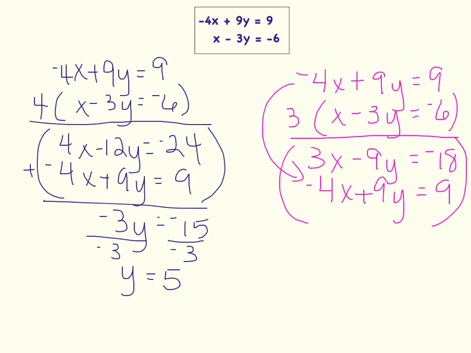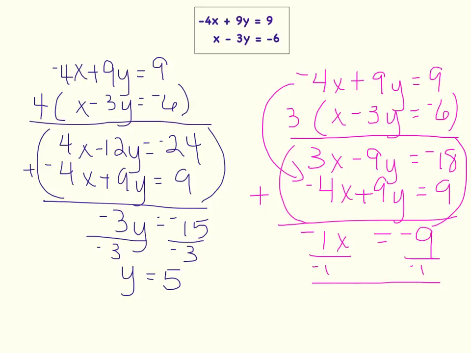And I can add them because -9y plus 9y is going to equal 0. So let's do it. 3x plus -4x is -1x. -9y plus 9y is 0. And then -18 plus 9 is -9. Now let's divide each term by -1. And when you do that, I have x equals +9.